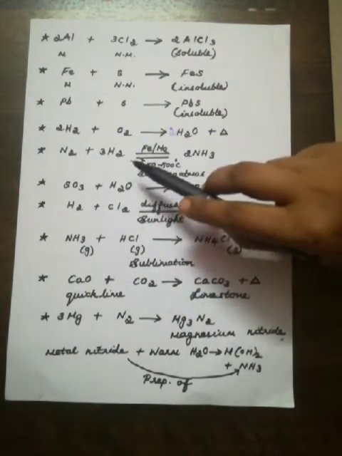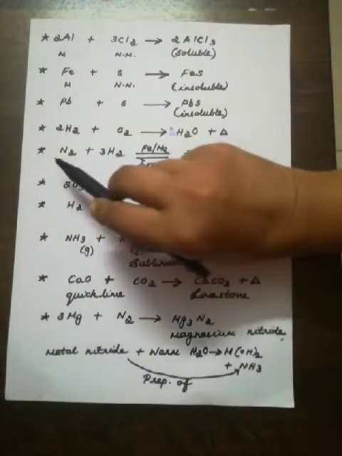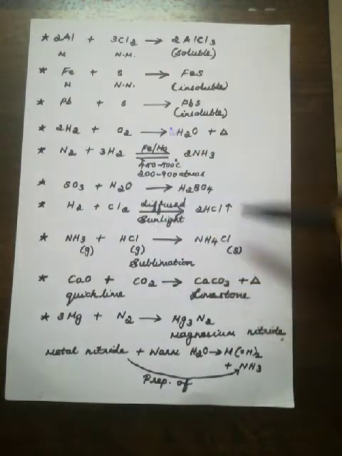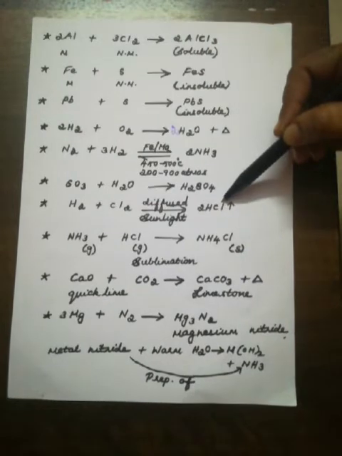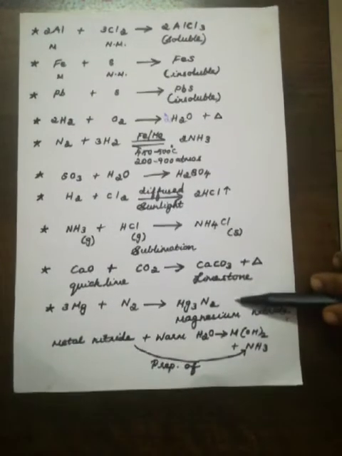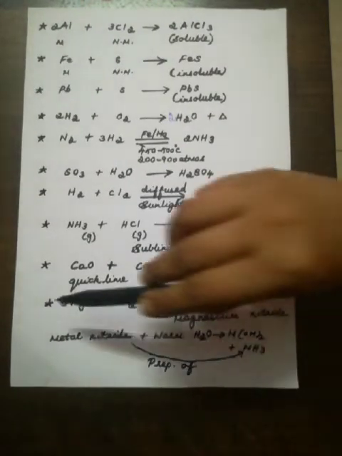Now in this equation, hydrogen is an odd number, because nitrogen is 2, write a 2. Hydrogen becomes 6, so write 3 here. This is a self-balanced equation: 2 hydrogen, 2 chlorine, 2 HCl. This is also self-balanced, this is also self-balanced. The next one, when you come here, magnesium is 3, write 3 here.